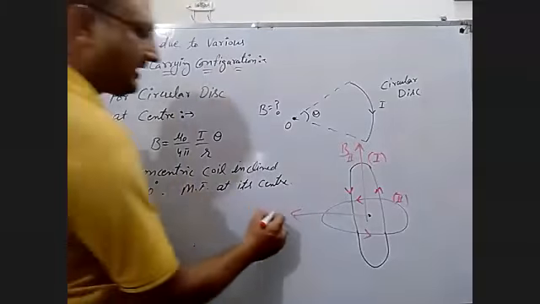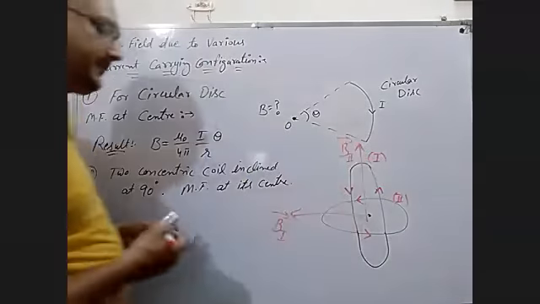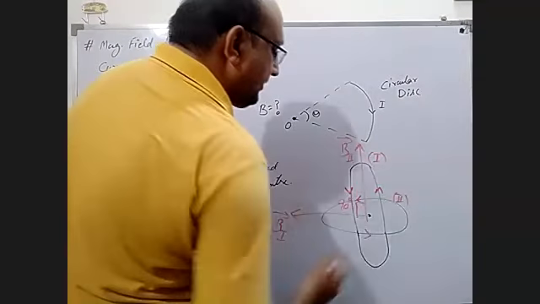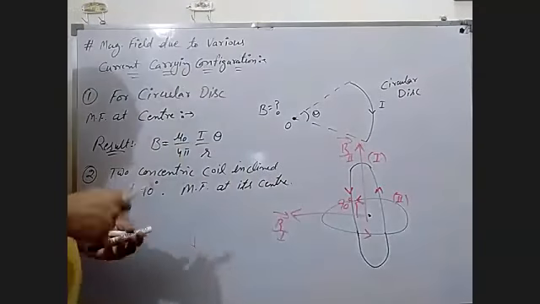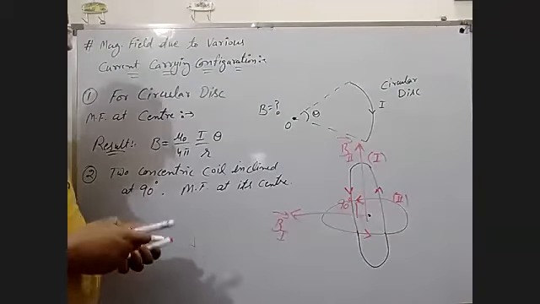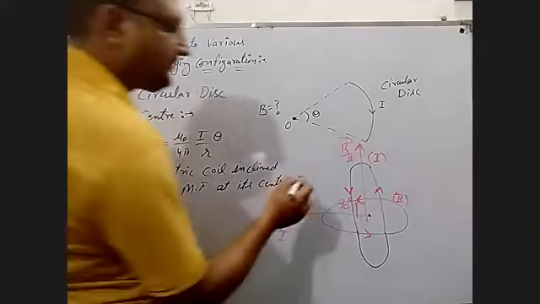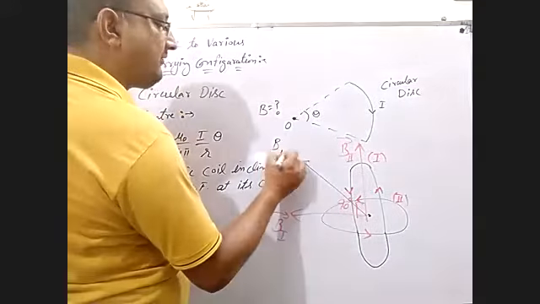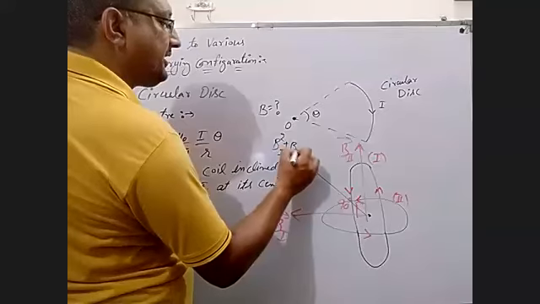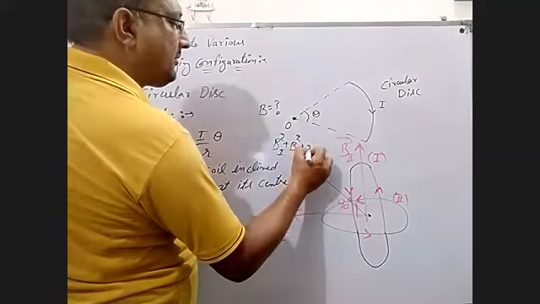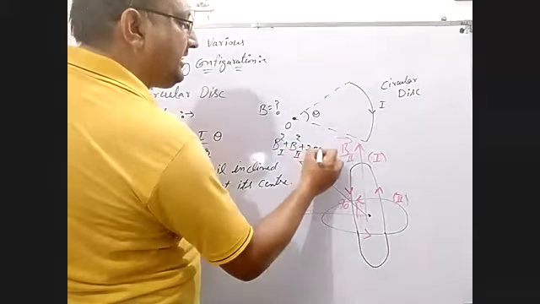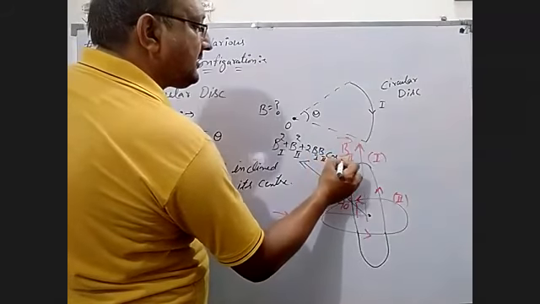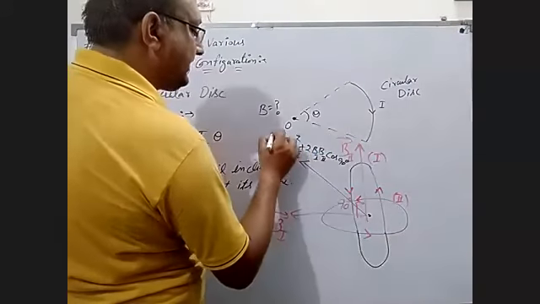But because magnetic field is a vector quantity, and you can see here they have a 90-degree angle between them, so the resultant you can take by vector addition, B1 square plus B2 square plus 2 B first B second cos 90 degree, under the root.